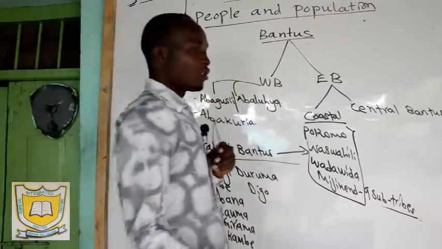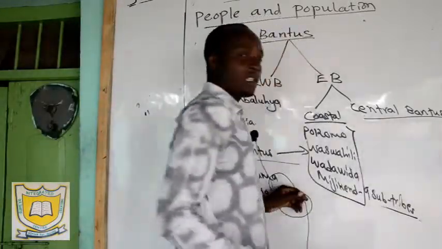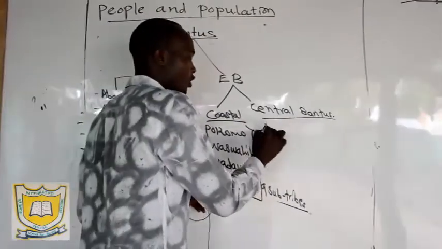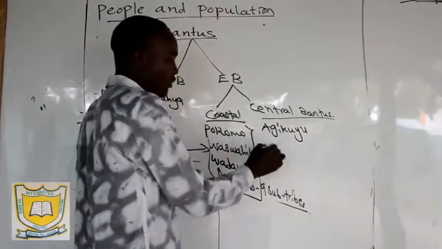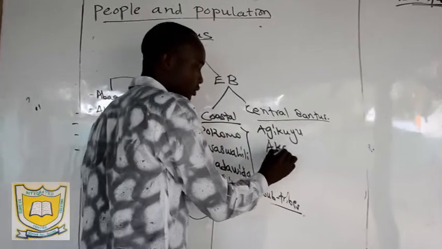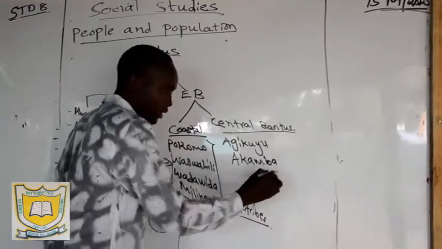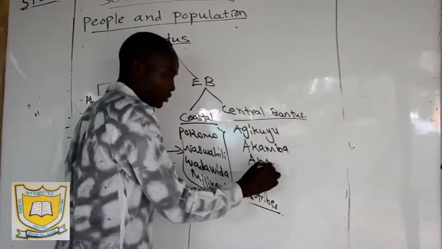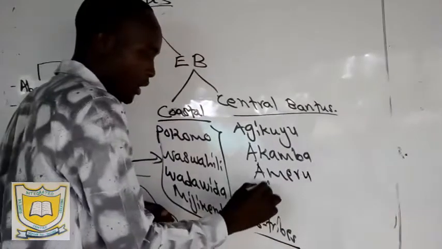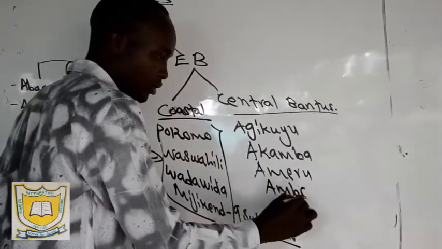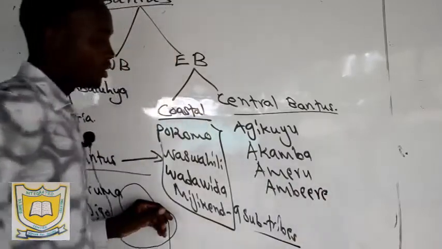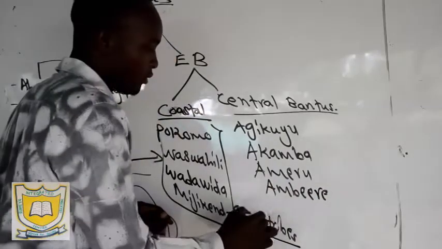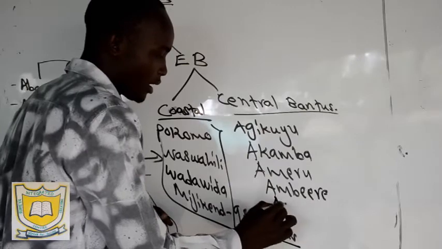Then we have the central Bantu. Under Eastern Bantu, we have Akikuyu, then we have Akamba, Ameru, Ambere, and then we have Aembu.